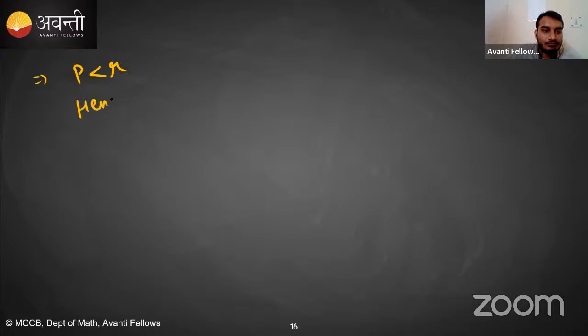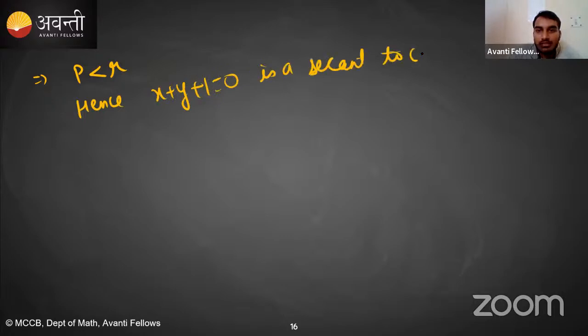Hence x plus y plus 1 is equal to 0 is a secant to the circle, right? So the situation will be like this: this circle has center 0, 0 and radius 5.